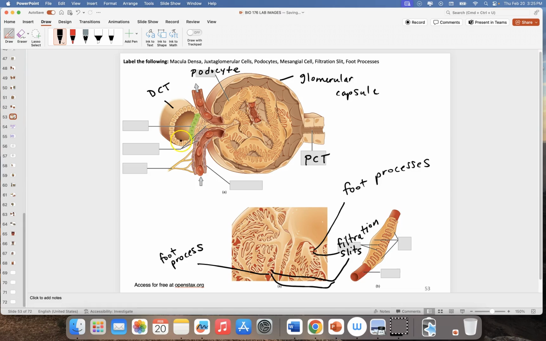Now, I also want to talk about structures of the juxtaglomerular complex. This is a complex that's going to help regulate blood pressure and the formation of the filtrate that's eventually going to become urine. And we are going to have, as part of that complex, the macula densa.